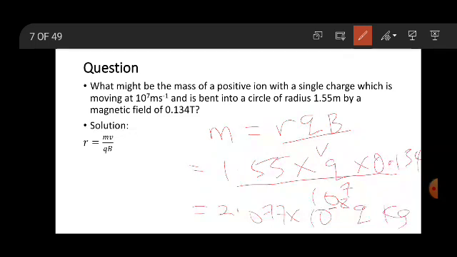I left my answer in terms of Q because the charge in this question is not given.